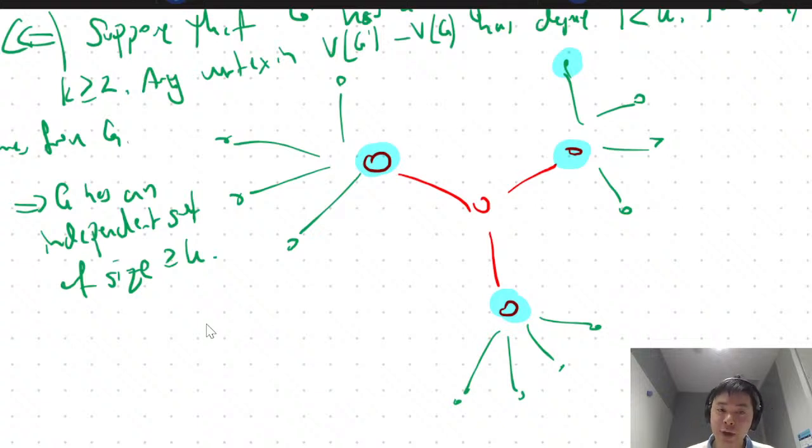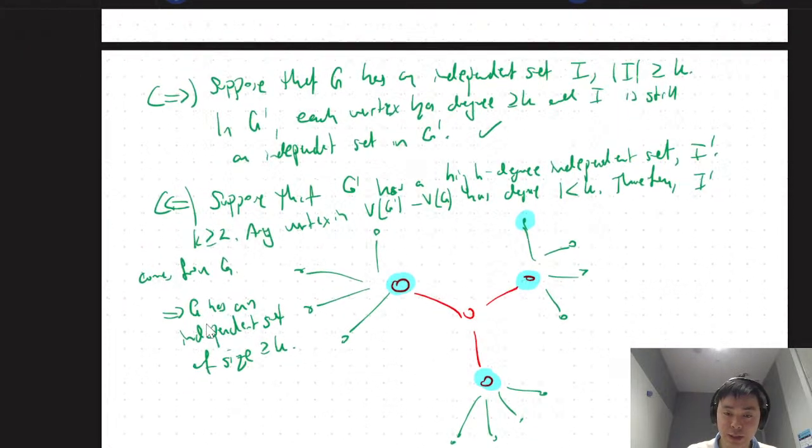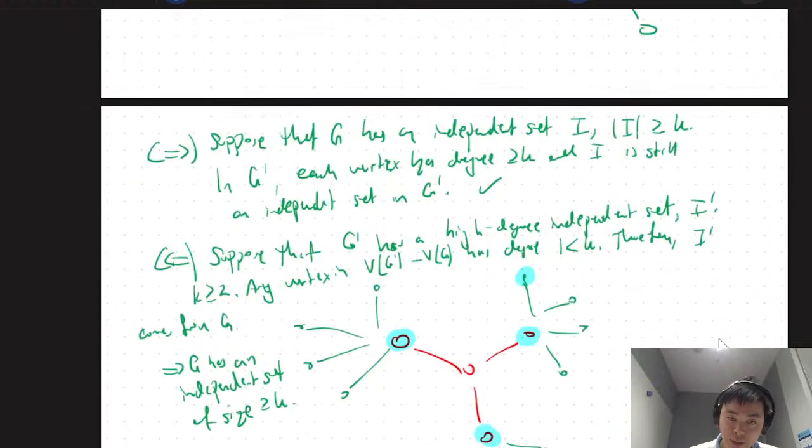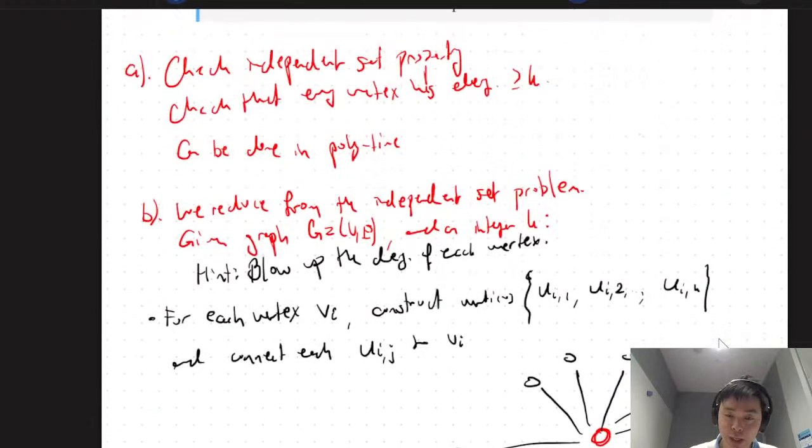Cool. Are there any questions with this reduction here? If there are no questions, then we just double check that everything can be done in polynomial time.